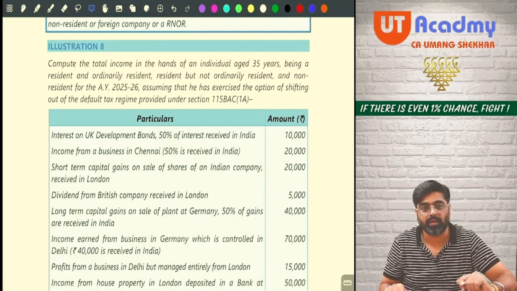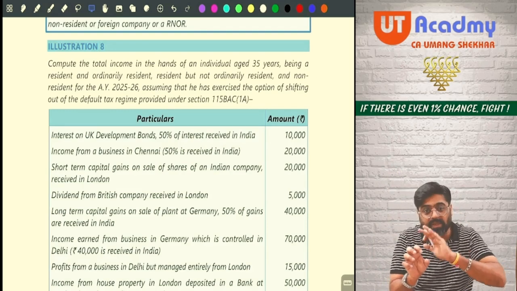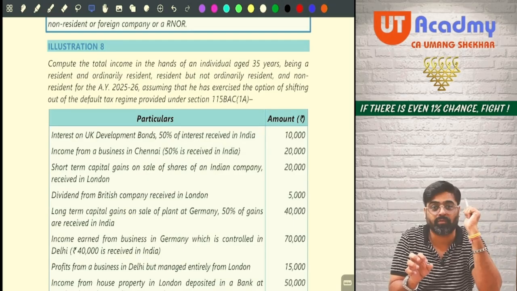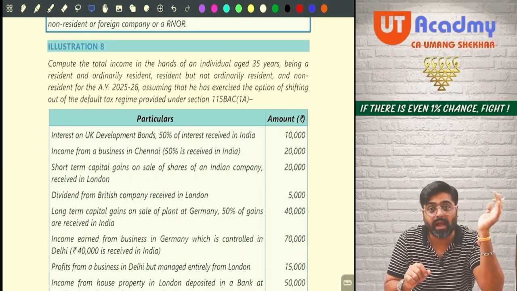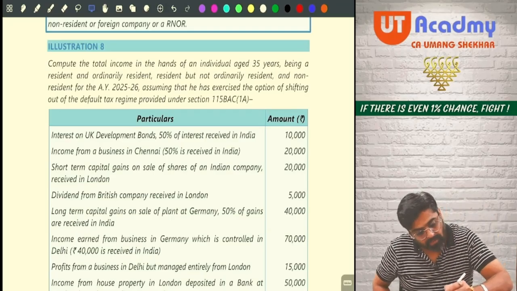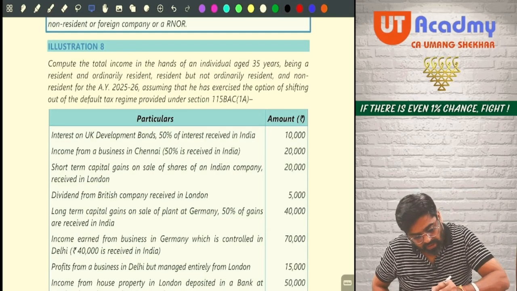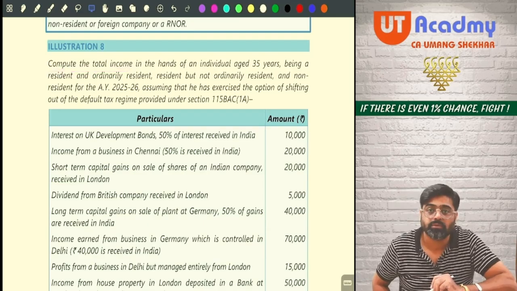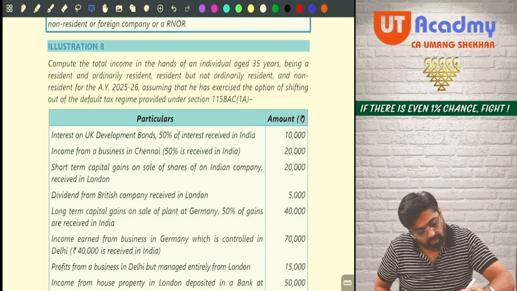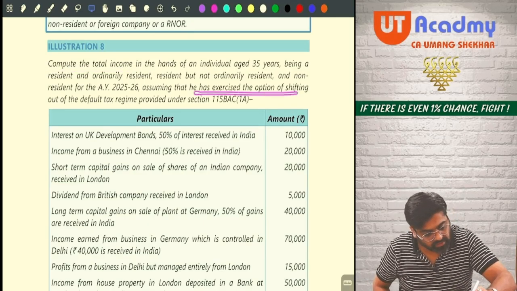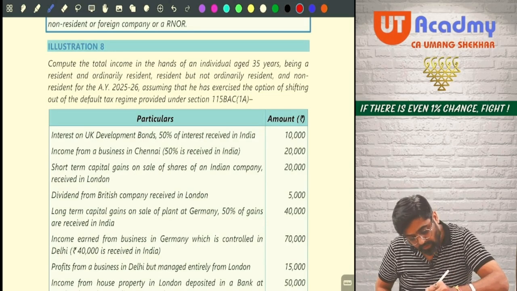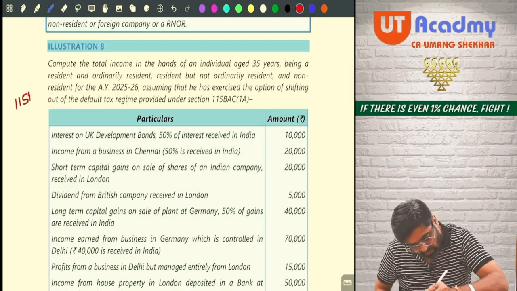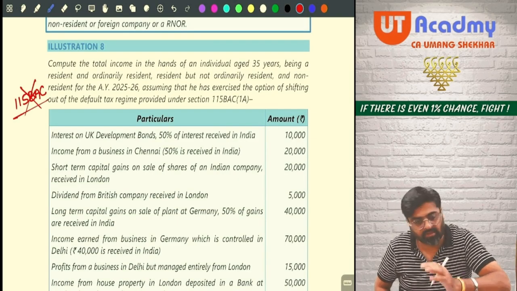Now identify which of these incomes will be included in the computation of his total income if he is ROR, if he is RNOR, and if he is NR, and based on that, compute his total income. But you are supposed to assume that he has exercised the option of shifting out of the default tax regime. That means he is not following 115BAC.